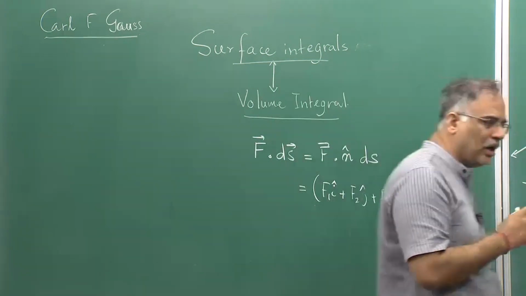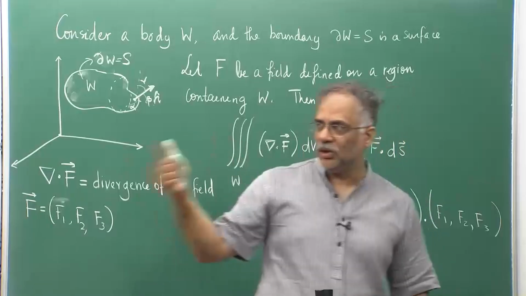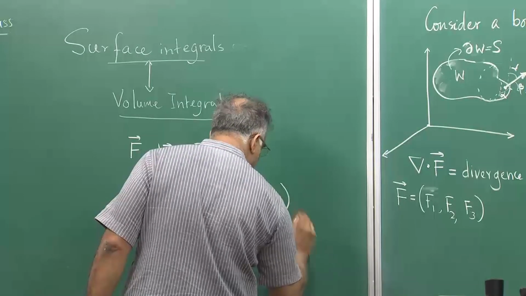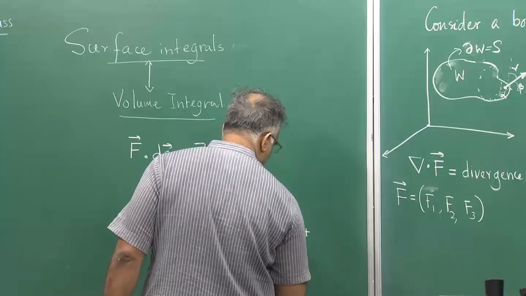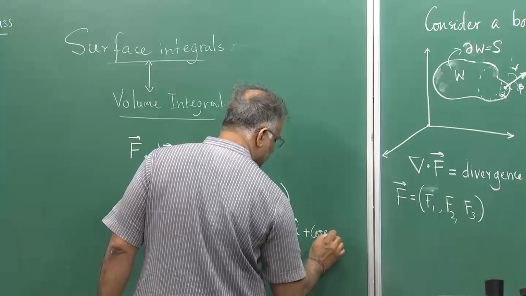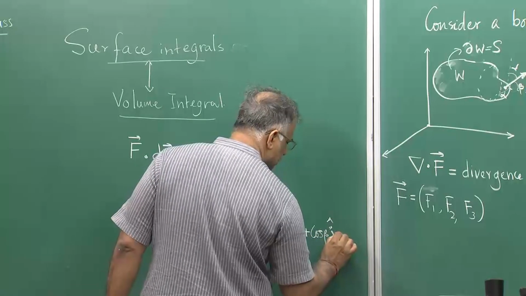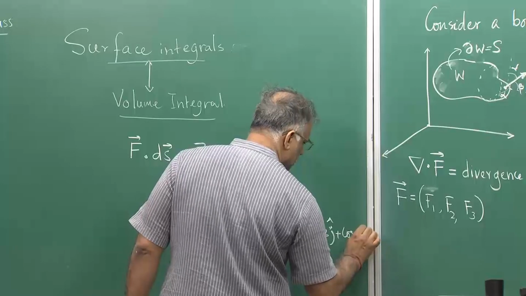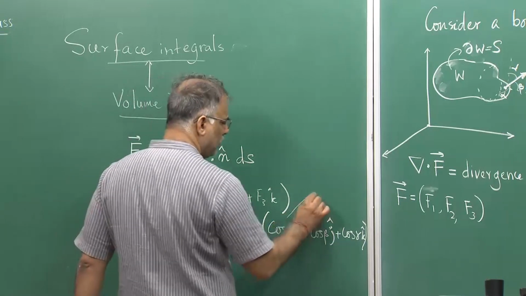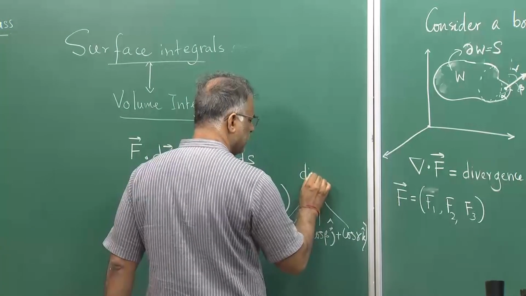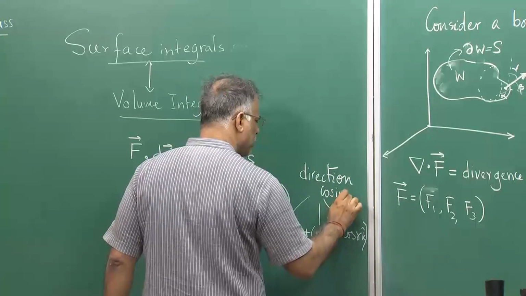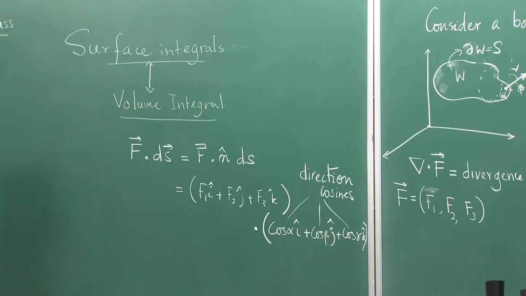So, the three coordinates are cos alpha, cos beta, cos gamma. These are called direction cosines. They tell you which direction the normal vector is pointing to at the given point.